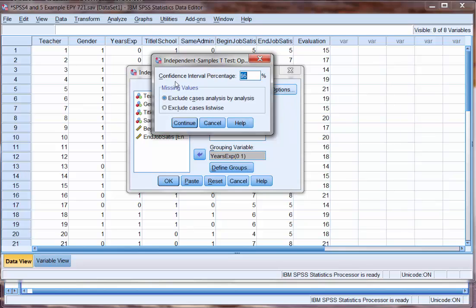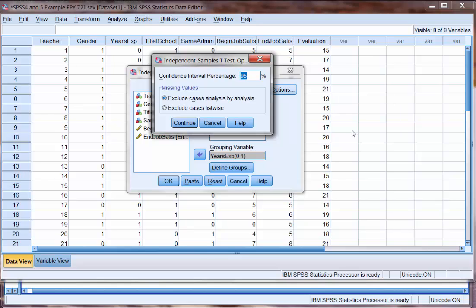This part of the dialog box about missing values is in case I have a teacher who perhaps I don't have their years of experience, but I have an evaluation score and they're part of my data set. I can tell SPSS how to handle cases that are missing different things.